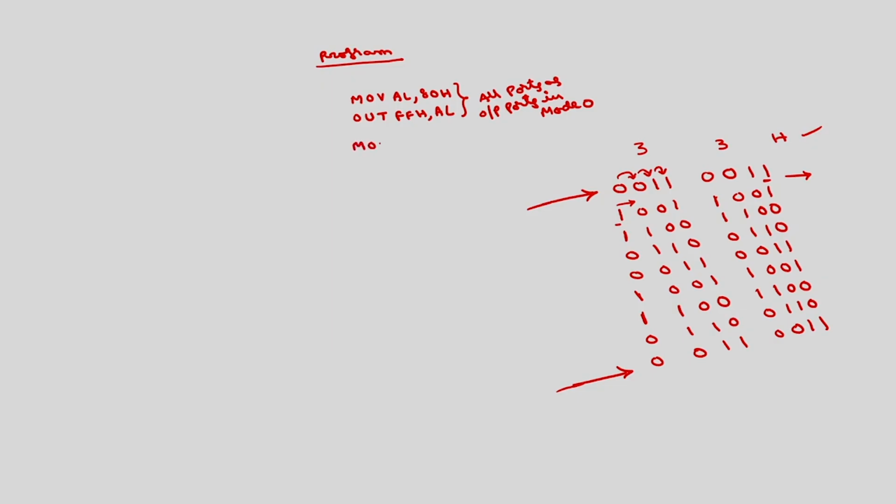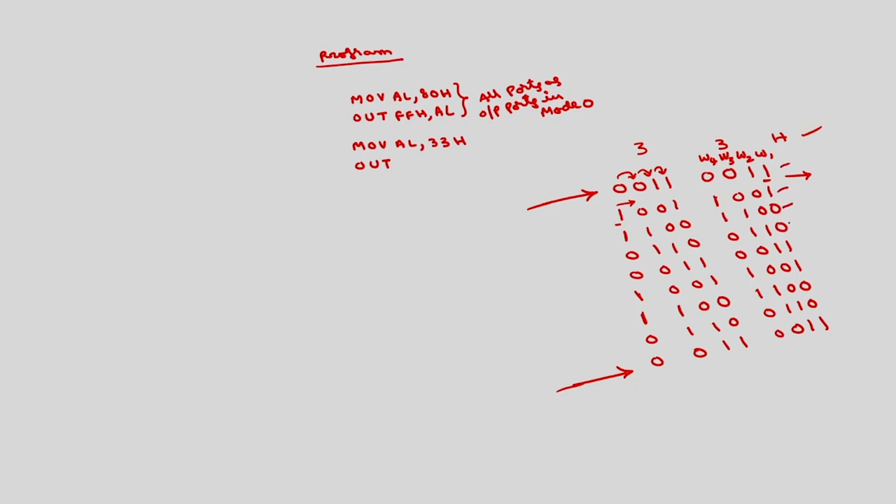MOV AL, 33H; OUT port A. Because I have connected these to W4, W3, W2, W1, the sequence that I have to give is 0 0 1 1.